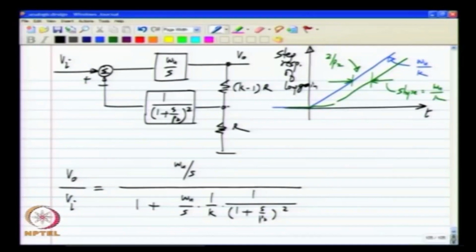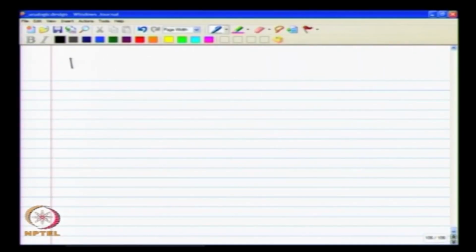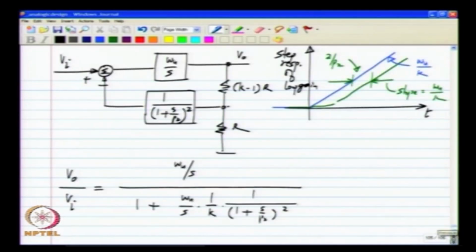By writing out the variables around this loop, you will be able to work out this, and this can be rewritten in the standard form by multiplying by 1 plus S by P 2 square times S by omega u by k.